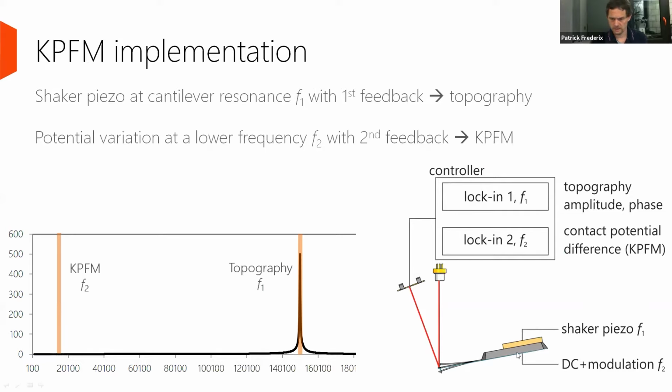Then, and here you see it in the schedule, a shaker piezo is being oscillated at a frequency F1. At the same time, we have the DC offset voltage plus the modulation voltage at a frequency F2 applied through a conductive coating that is on the cantilever. And that is at a much lower frequency, well below the resonance frequency.